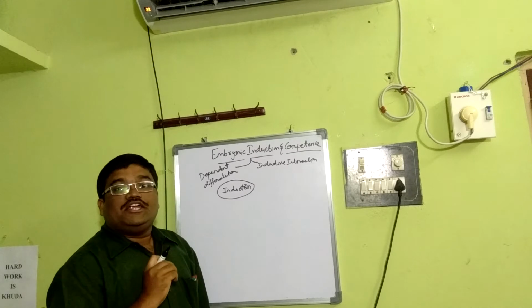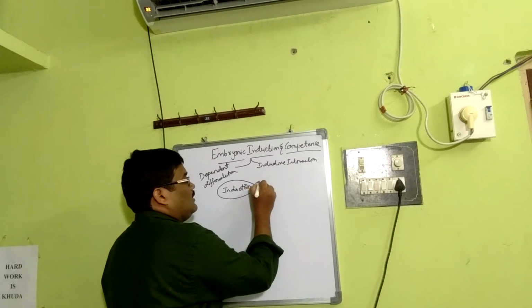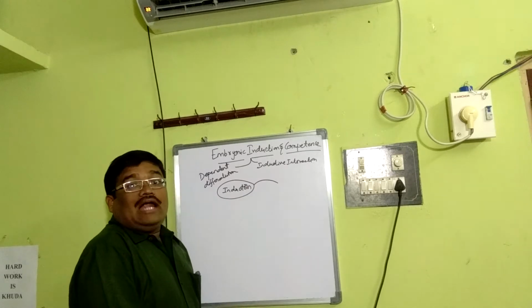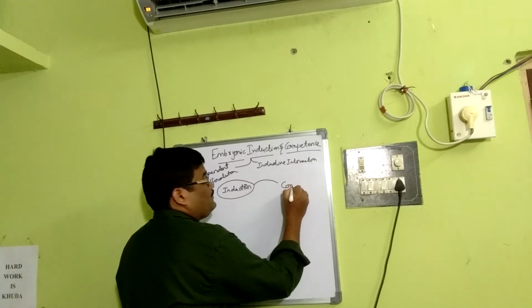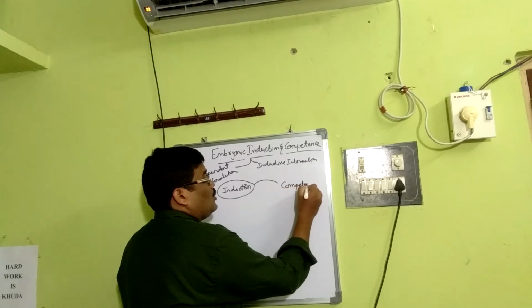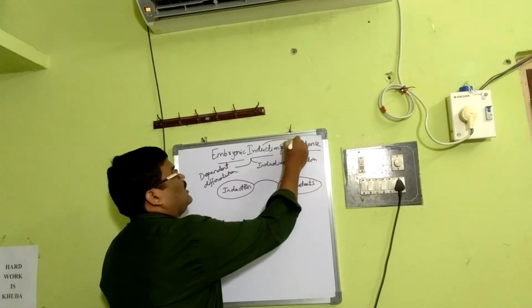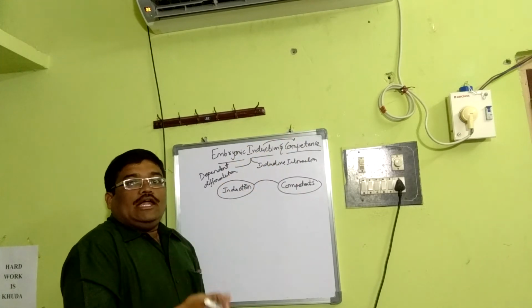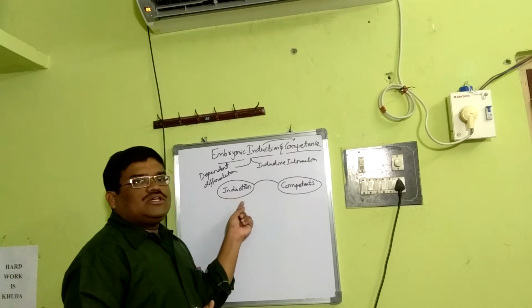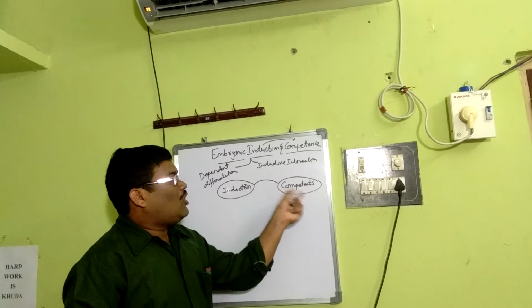Cells which are inducing are inductors, and those under the influence are known as competents. You must know the relationship between the two, embryonic induction and competence: inducing, induced. Inducing cells are called inductors, and those under the influence of induction are known as competents.